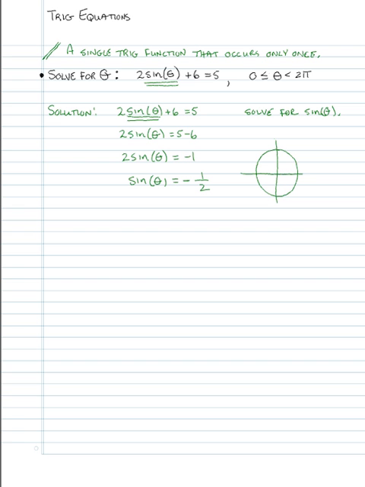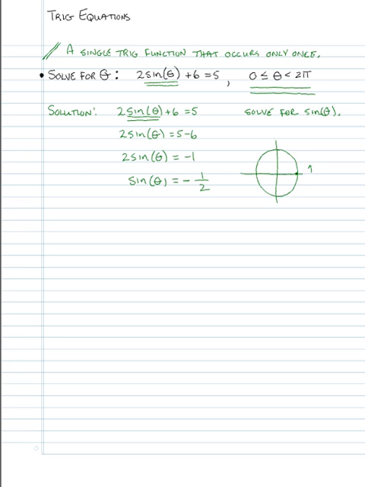Here's first the idea of why we have the statement up here. We start considering angles of 0, and then we go around the unit circle and ask, what angles anywhere around the unit circle of one revolution will have a sine value of negative 1/2? Once we get to 2 pi, we start repeating, don't we?